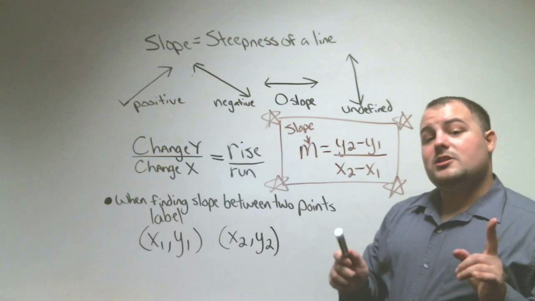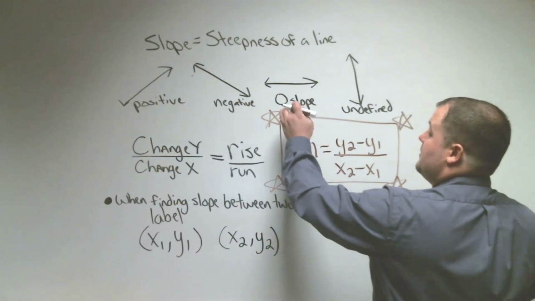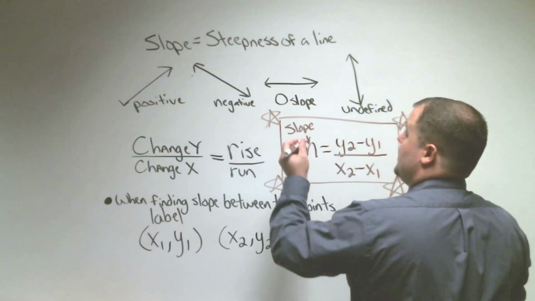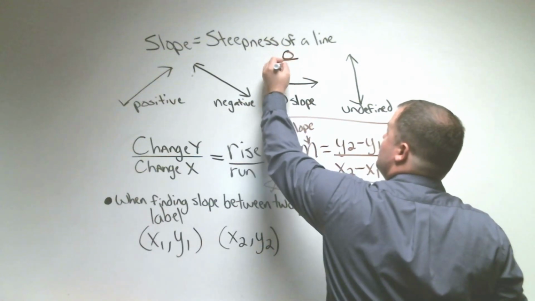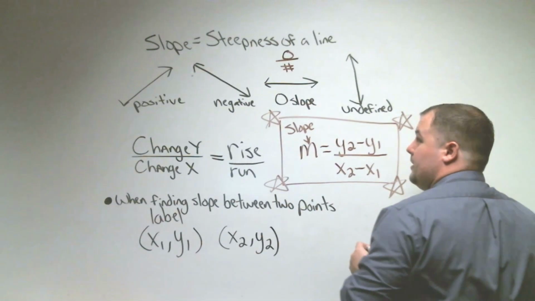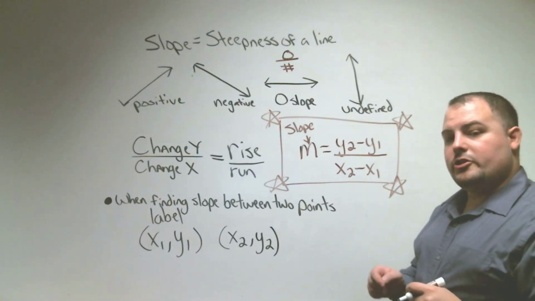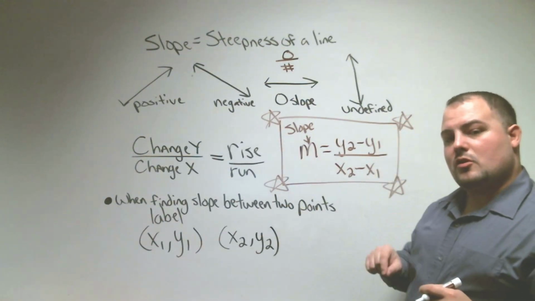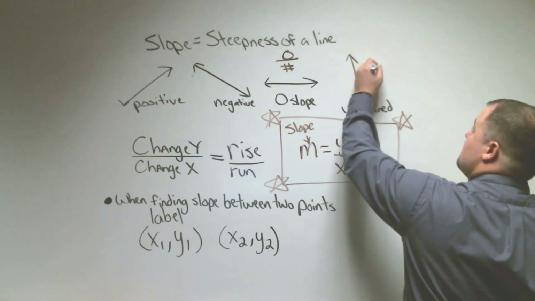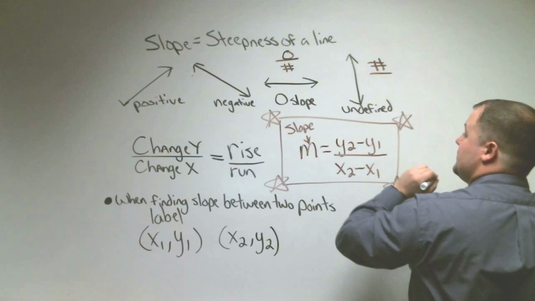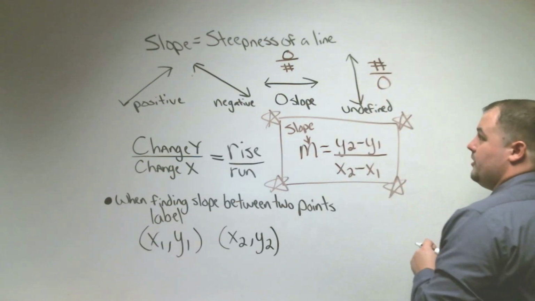Now, to tell the difference between these, a zero slope is whenever you have 0 on the top. So 0 divided by some number is a zero slope. You're not going up any, you just go across. An undefined slope is where you have a number on top of your slope, but you have 0 on the bottom.